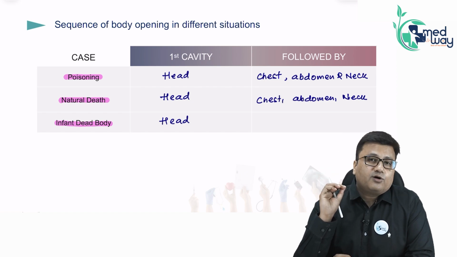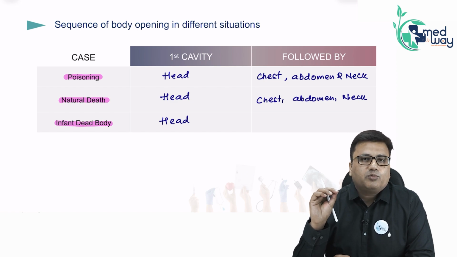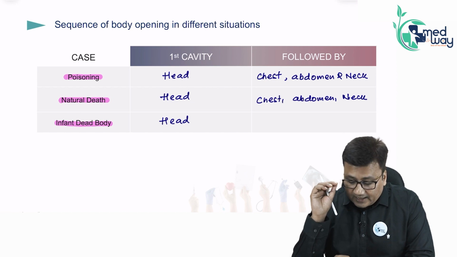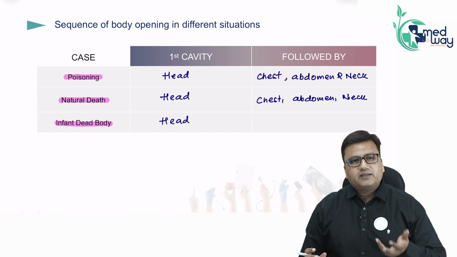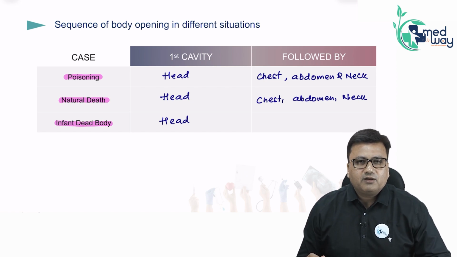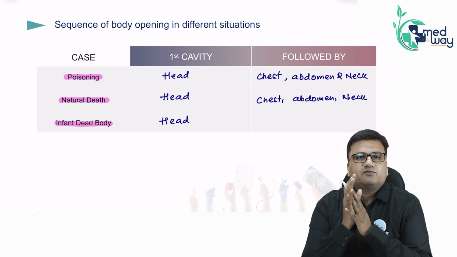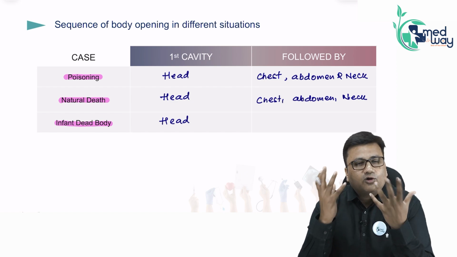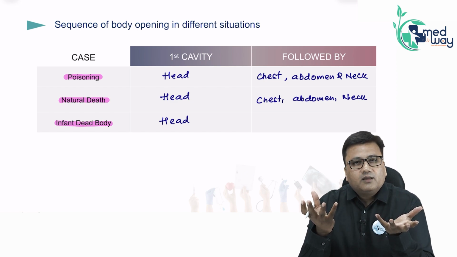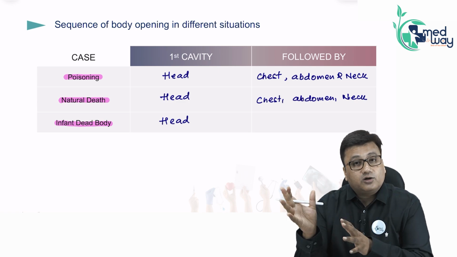But in cases of infant autopsy, there is one very important precaution that we need to take. And what is that precaution? That after opening the head, to rule out any neural defects that would have been anyhow incompatible with life. So, if there are no neural defects and we know that the cause of death in the infant autopsy is not any intrauterine death due to neurological damage, we need to see whether it is live birth or not, right?